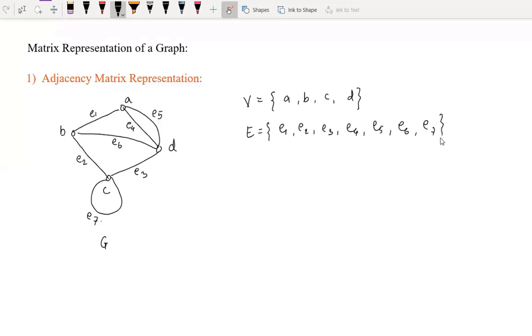Okay, so 7 edges are there and 4 vertices, and we want to represent this graph in an adjacency matrix form. Now adjacency always exists between vertex to vertex.